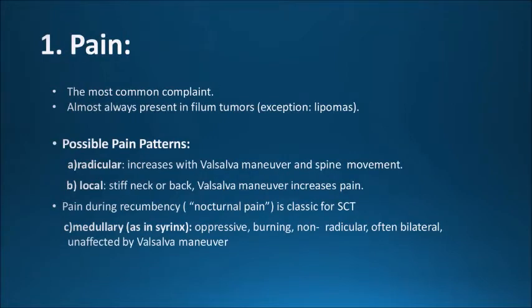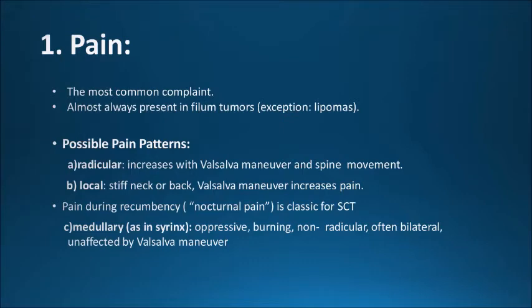Now coming to the pain. Pain is the most common complaint in spinal cord tumors, and especially in cases of extradural or intradural extramedullary tumors, pain is the most common presentation. Pain can be of two types. It can be radicular or it can be local, and then it can be medullary as well. Radicular pain actually increases with Valsalva maneuvers and spine movements.